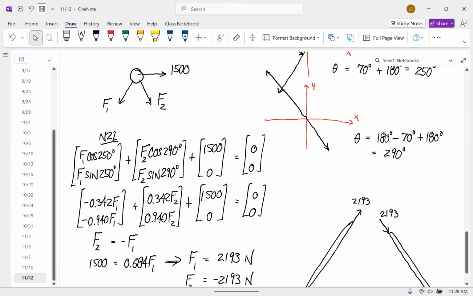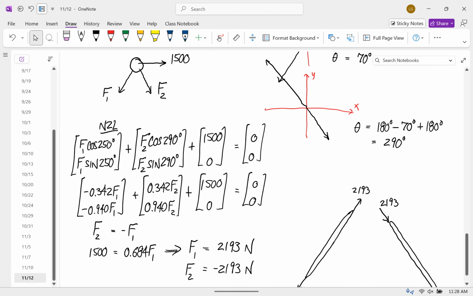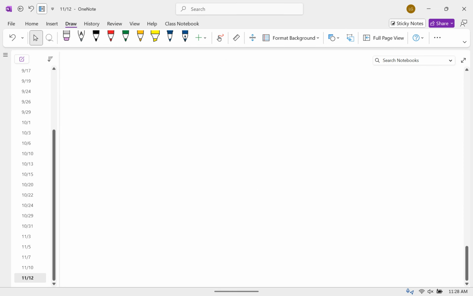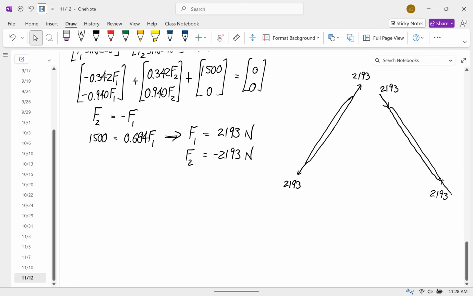My notes for today just basically say, talk about trusses. The body is 2 meters long, but that doesn't matter. It didn't come into it in this problem, but it will come into it when we do our full method.